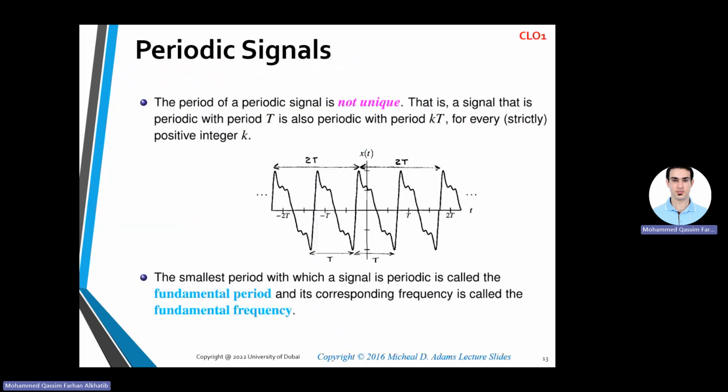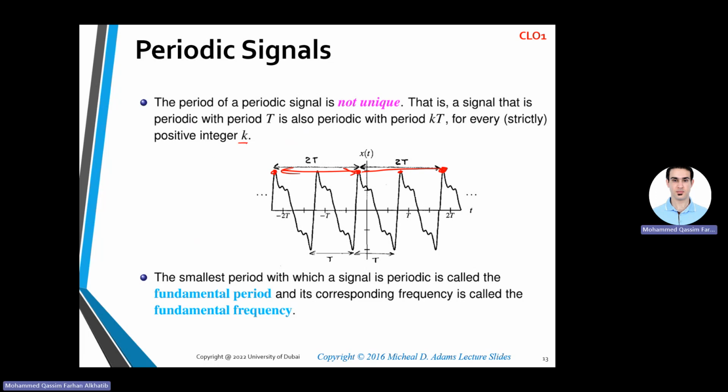In this example, instead of saying from this peak to this peak, I want from these 2 peaks to these 2 peaks. So that's 2T, and the standard, fundamental one is T. So a periodic signal is not unique: a signal that is periodic with period T is also periodic with multiples of T, period kT, for every strictly integer k.